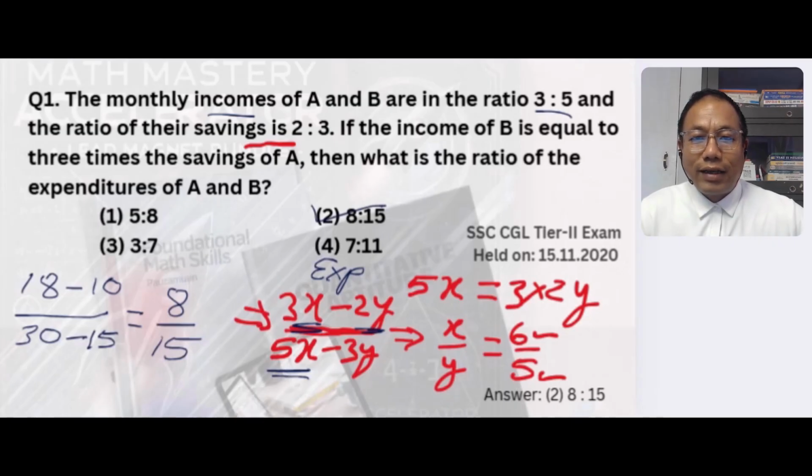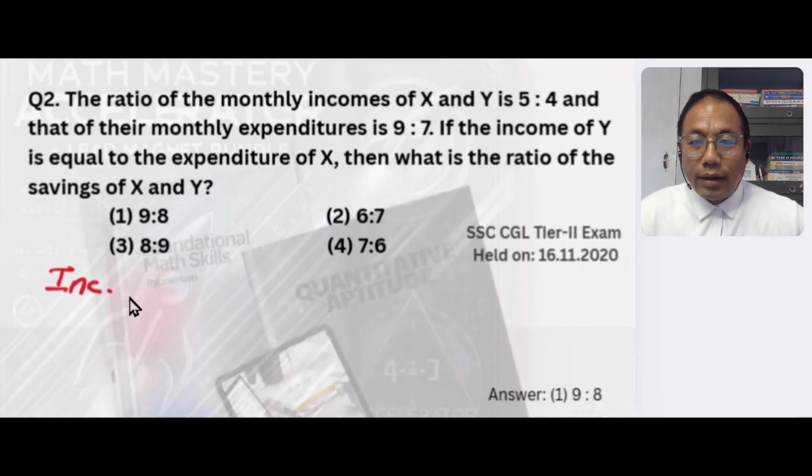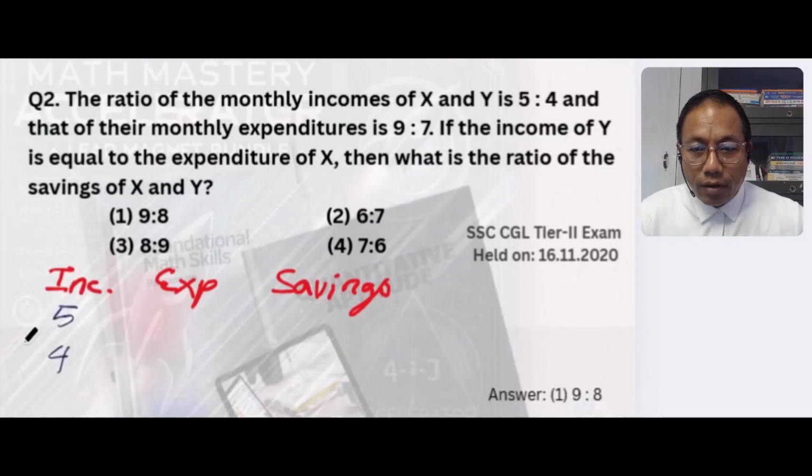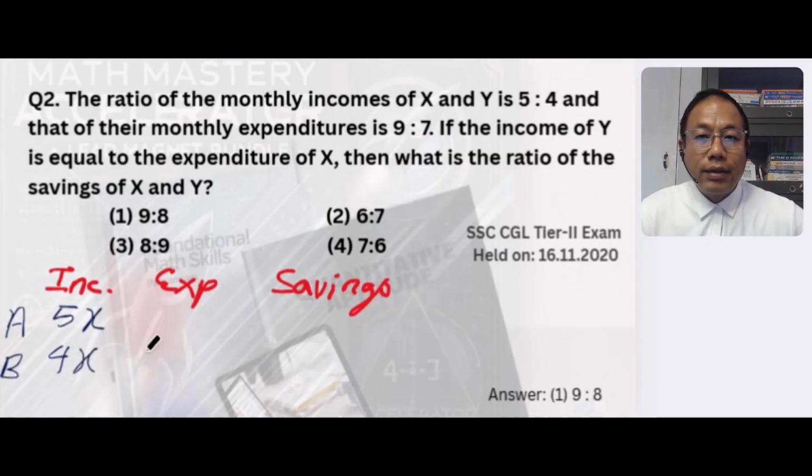All right, let's solve the next question. I'll write income, then expenditure here, then savings. Monthly incomes of X and Y are in the ratio 5 is to 4. This is your A, this is your B. I'll multiply by a variable x: 5x, 4x. Income of A is 5x, income of B is 4x.